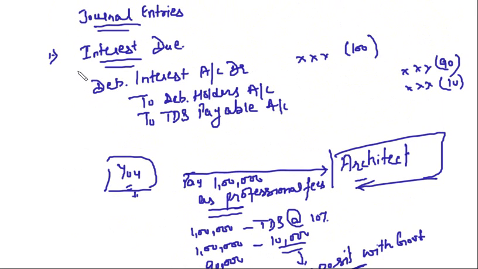First is interest due. For that we will identify how much is payable to debenture holders and how much TDS we have to deduct. There is a possibility that there is no TDS deductible. There are threshold limits given in TDS. If you are making a payment of 20,000 to a professional, you don't have to deduct TDS.